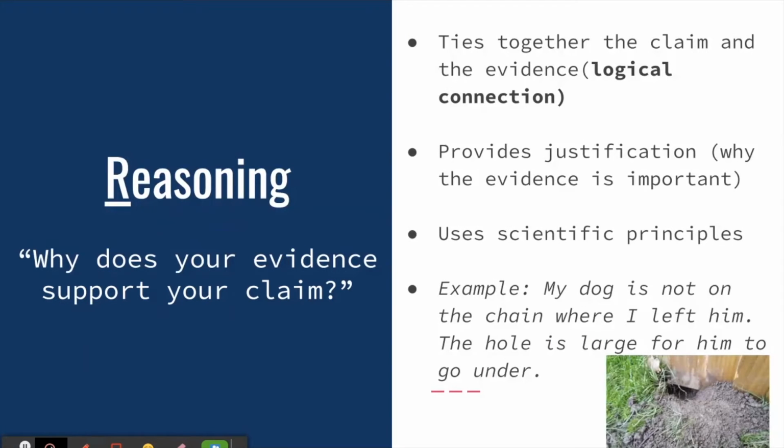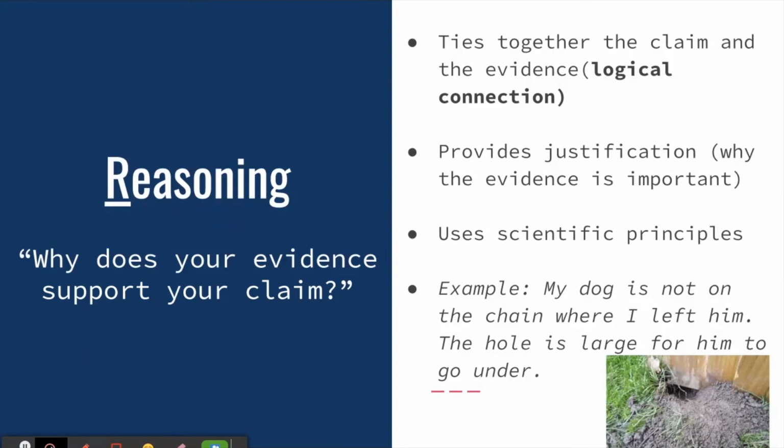So lastly, we're looking at the reasoning section. Why does that evidence support our claim? As you can see, it ties together the claim and the evidence by making logical connections. It provides justification and explains why the evidence is important. It often uses scientific principles or often just universal principles, as we'll talk about with the reasoning section about our dog.